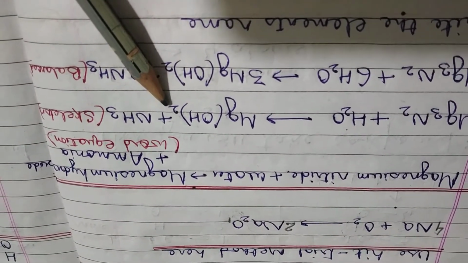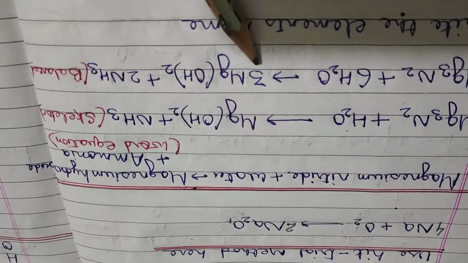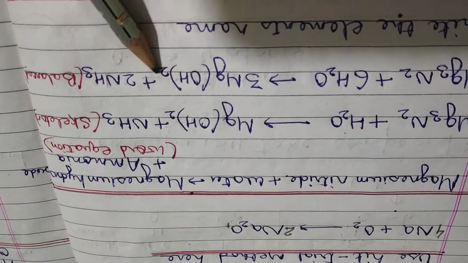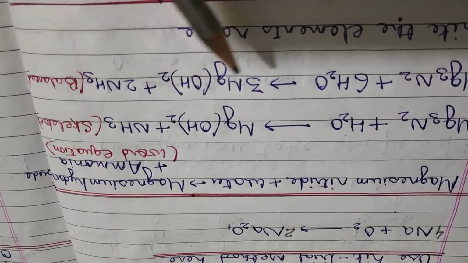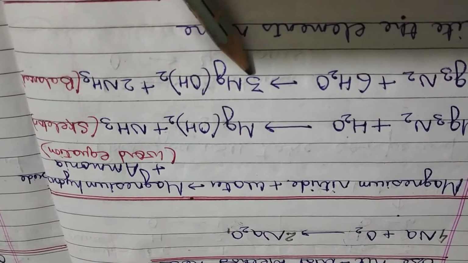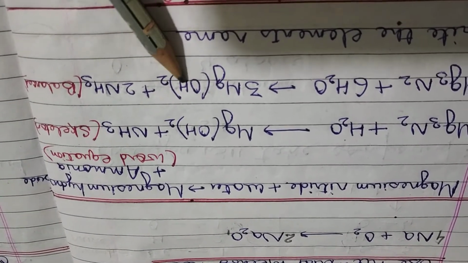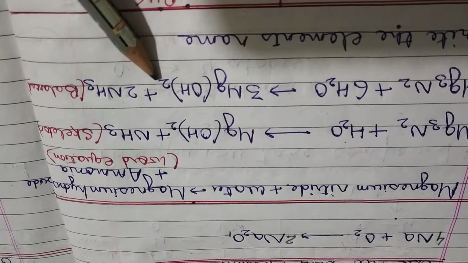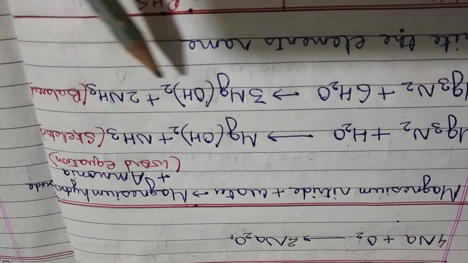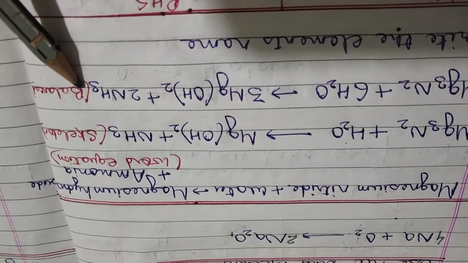Then when we put the 3 here, 3 2s are 6. Hydrogen is 6 and oxygen is also 6. Okay, hydrogen 3 2s are 6 and 2 3s are 6. It means total hydrogen on the right hand side is 12.